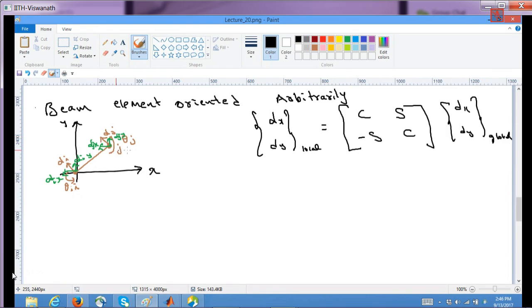In the local coordinate system, since this is a beam, there is no axial displacement, whereas dx dy can have x and y components, but it is not an axial thing unless this member behaves both as a bar and a beam, then you also have axial displacement.